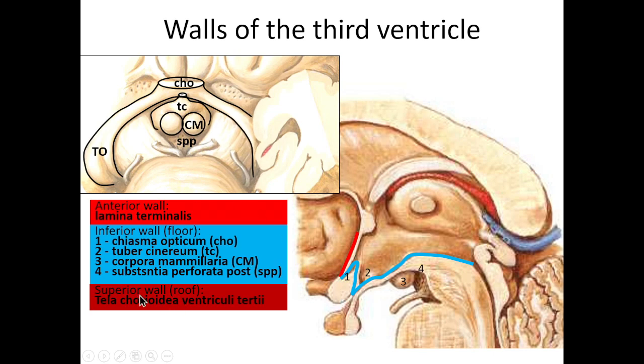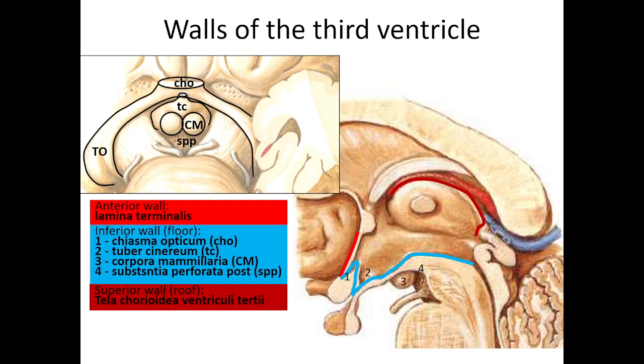Now, superior wall, which is roof of third ventricle. It is represented by tela choroidea ventriculi tertii. Here it is, tela choroidea ventriculi tertii. We remember that it is connected with tela choroidea ventriculi lateralis through this opening, foramen of Monro.